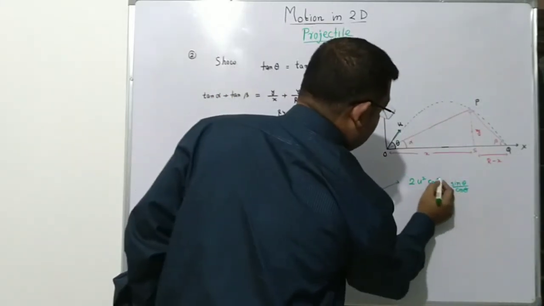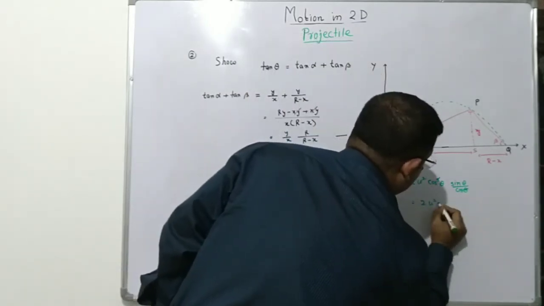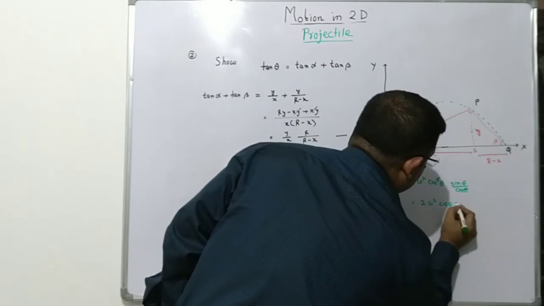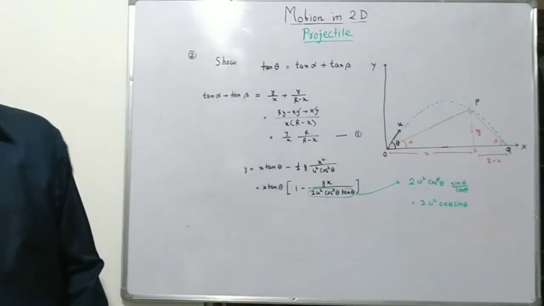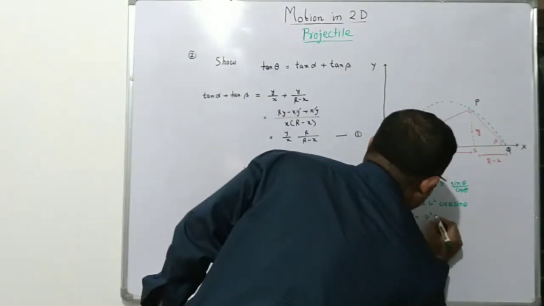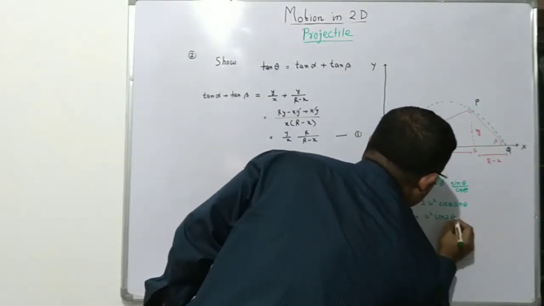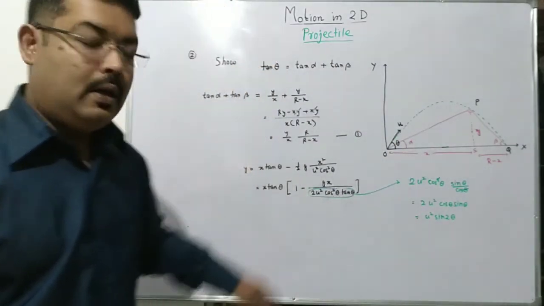So one of the cosine terms will cancel out, and we are left with 2u square cos theta sin theta, or u square sin twice theta. So we can substitute the value here.